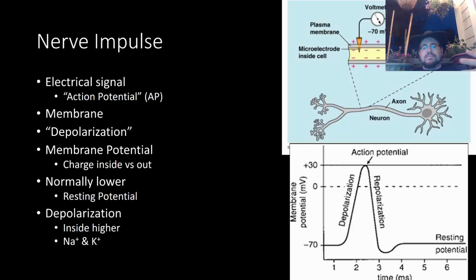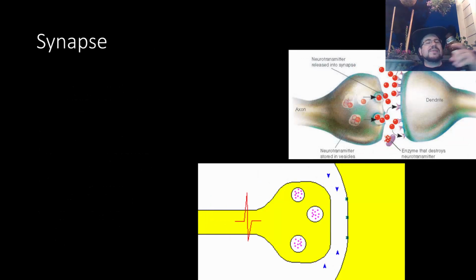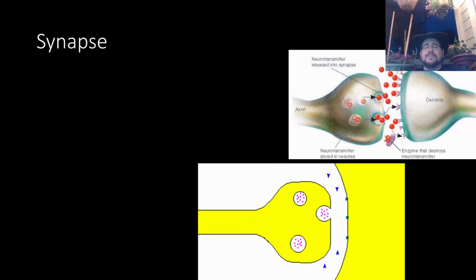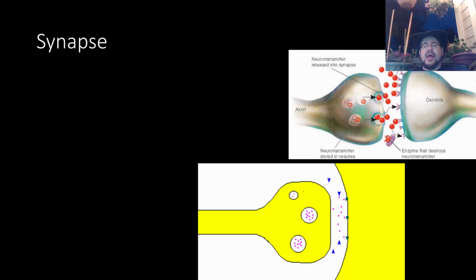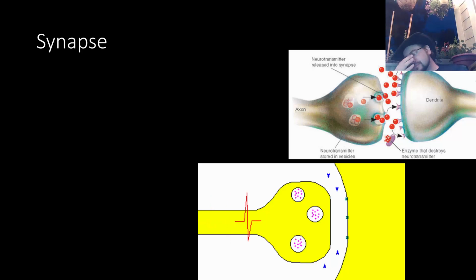And as the sodium with its positive charge floods in, we get depolarization and the charge inside increases until we generate the action potential, which causes depolarization to continue all along the membrane, just all the way down. And it travels from the dendrites, down the cell body, down the axons, until we reach what's called the synapse.